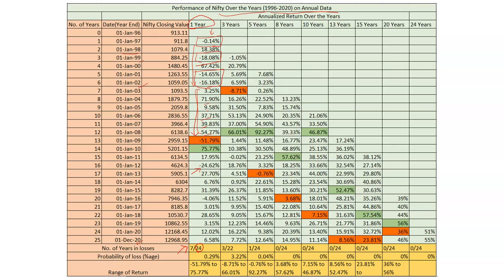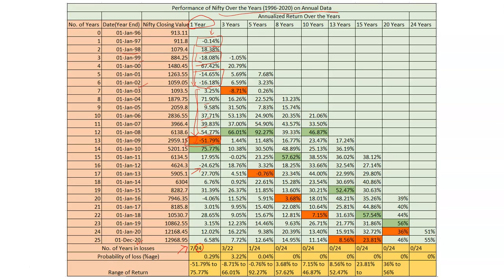However, after the financial crisis, the market was wiped out and it fell by 51%. This is the point where we need to understand when we have to invest and when we do not have to invest. We will be discussing all these things in our later classes.